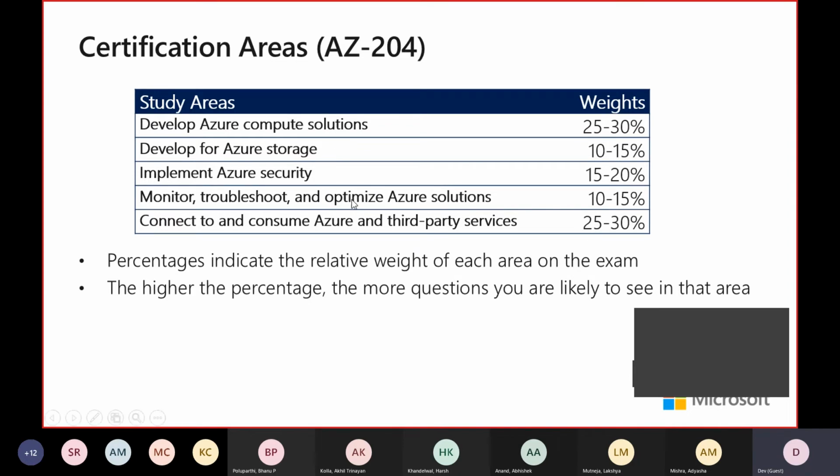You can see the initial part and the last part have more weightage. Apart from that, security has more weightage, and then Azure storage and solutions and the monitoring part have almost the same weightage. So when you go for a certification, plan and try to study as per the weightage of that area.